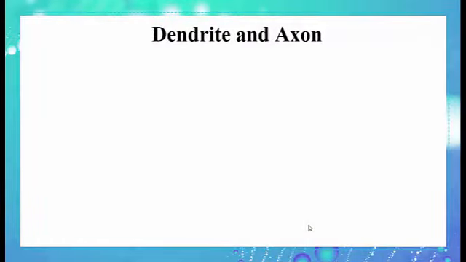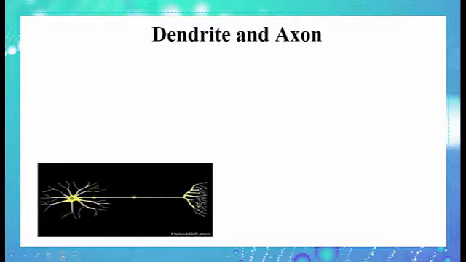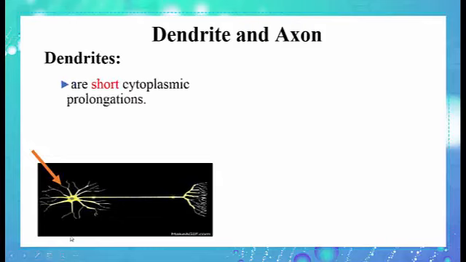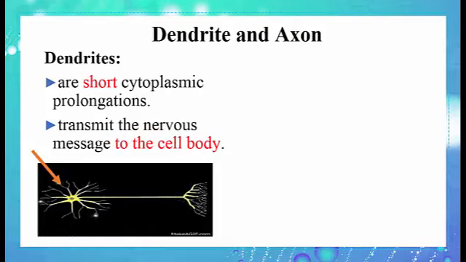Now the difference between dendrite and axon. Look at this figure. The dendrites are these short prolongations. We have many dendrites in one nerve cell. These are short cytoplasmic prolongations from the cytoplasm, and they transmit the nervous message to the cell body.